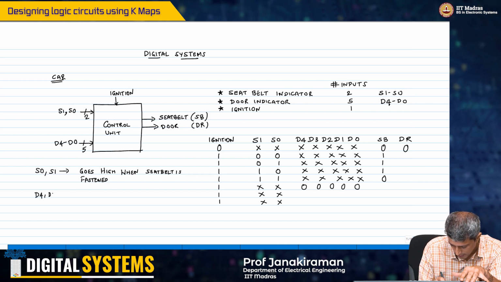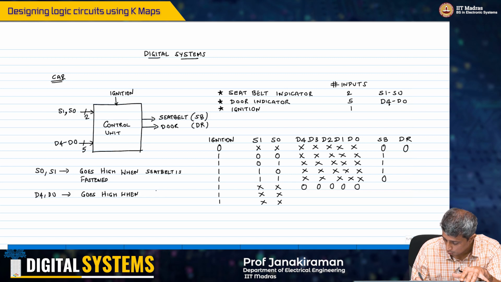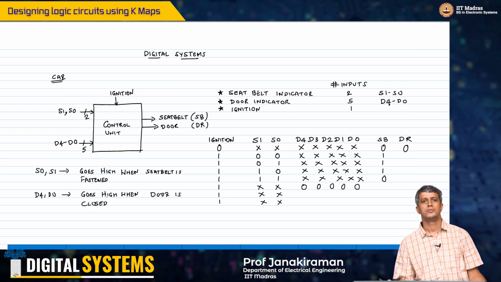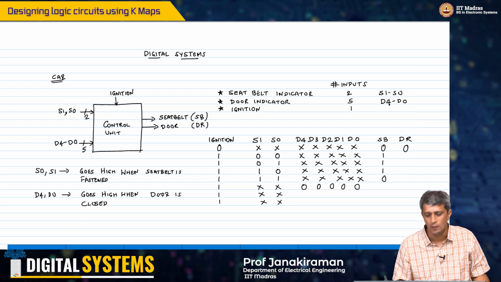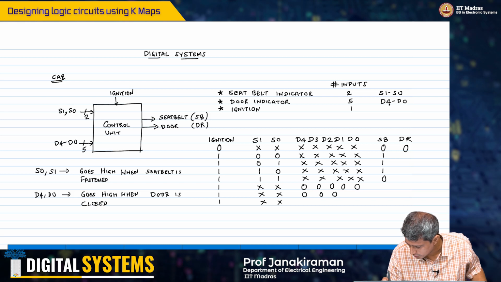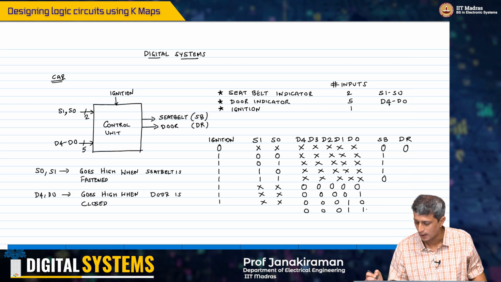Similarly, D4 to D0 go high when door is closed, right? So when the door is closed, it is going to be 1, right? If the door is open, it is 0. So 0 0 0 0 0, 0 0 0 0 1, 0 0 0 1 0, 0 0 0 1 1, right?